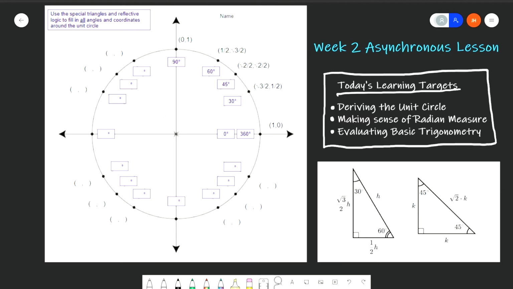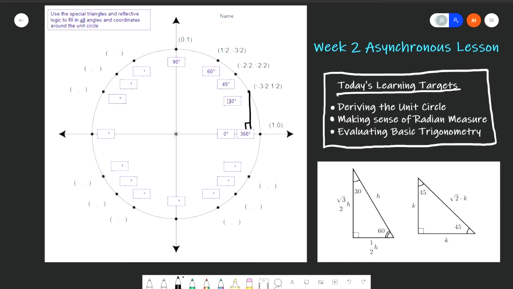So to get ourselves started, let's finish this unit circle here. You notice that we have the first quadrant of the unit circle we have previously derived using these special triangles. If y'all don't recall, the way it worked was that at any given angle on the unit circle, I could drop a leg from that point on the perimeter, which creates a right triangle.